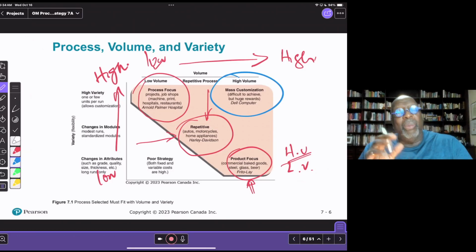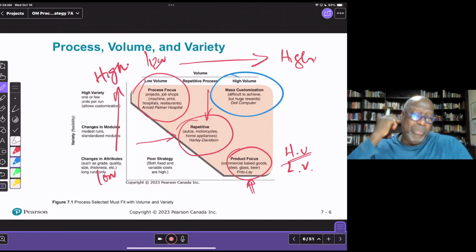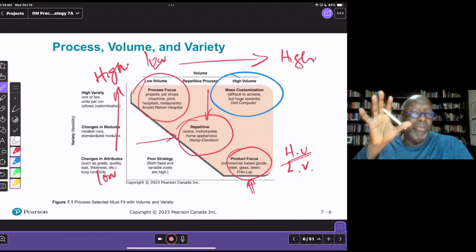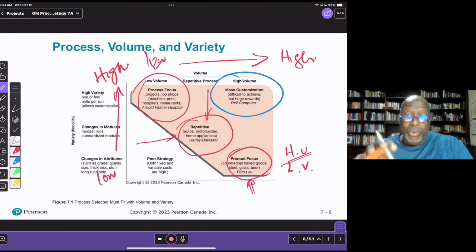Companies were always looking for an opportunity to have both volume and flexibility, or both volume and variety, right? Because in your traditional manufacturing, there's a trade-off. If you want high volumes, then you're going to have low variety. If you want to have high variety, you're going to have to be looking for low volumes. But can we have high volumes and high variety? How do we do that?